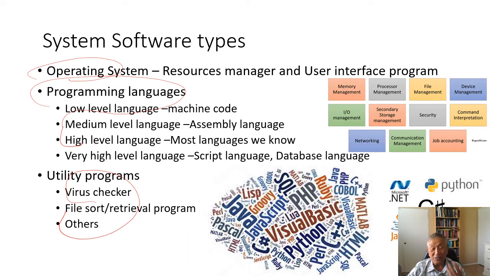So the determination of what type of language to use depends quite a bit on the job or your target of the work. I recommend the language called Python. That is pretty easy, but also pretty powerful and very useful. Okay, anyway, so these are the system software.